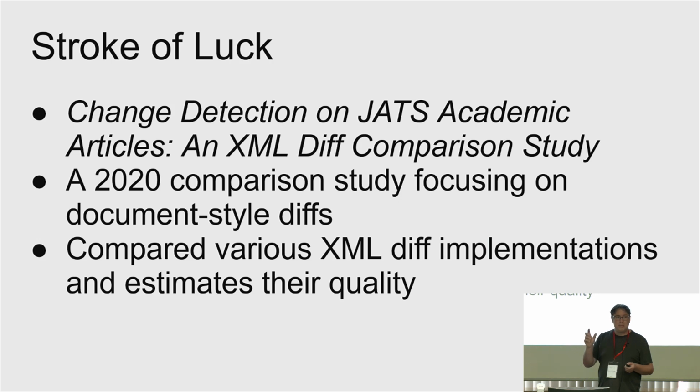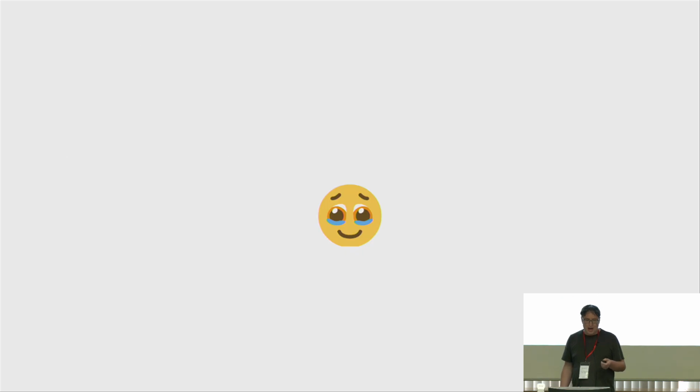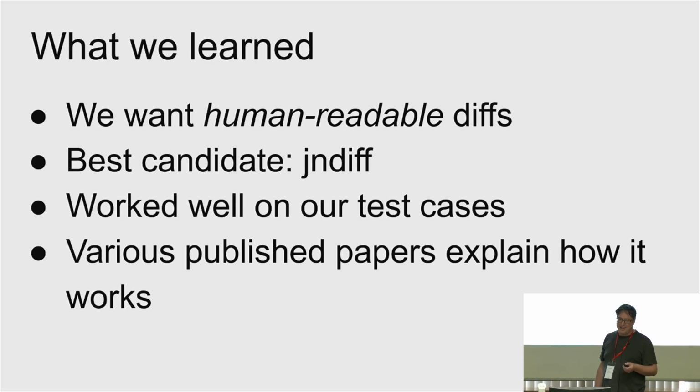And it compared and tried to estimate their quality, like how good is this to a human being? Does it look human readable? And so I was very happy. Thank you, authors, for doing all that work for me. And I also learned, we want human readable diffs. This is not just about a generic tree diffing algorithm, it's really about human readable diffs.